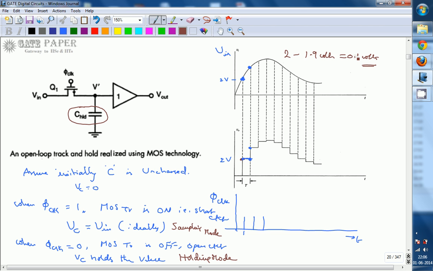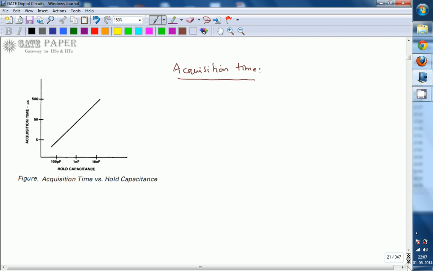Acquisition time is mainly a function of capacitor charging currents, time constants of the charging circuit, and slew rates of the buffers involved in the circuit. As the holding capacitor value increases, the time constant for charging increases.